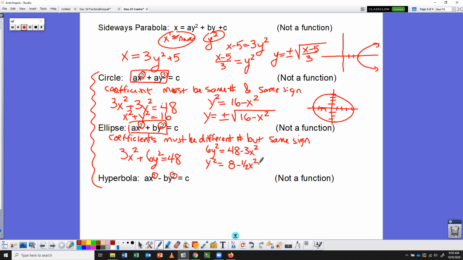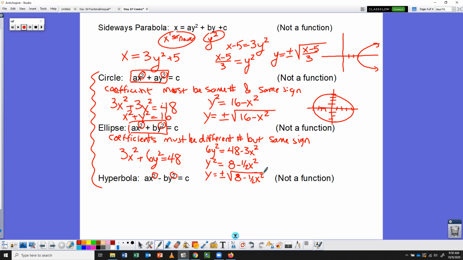And then you would take the square root of both sides. So y equals plus or minus the square root of 8 minus 1/2 x squared.